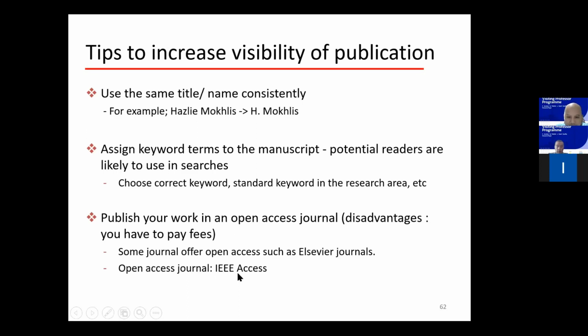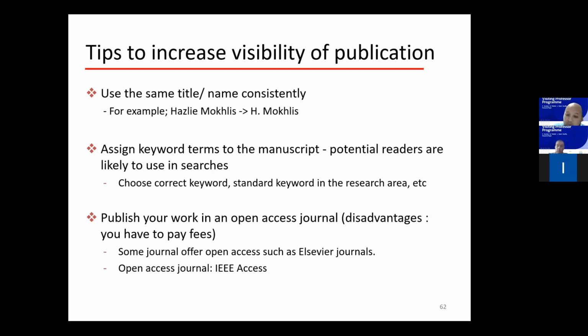For example, IEEE Access is very expensive, like in Malaysia ringgit, 6,700 something per paper. But usually the strategy for me, if my student wants to send to IEEE Access, I will team up with my collaborators, with other researchers, so that we can share the cost of the publication.